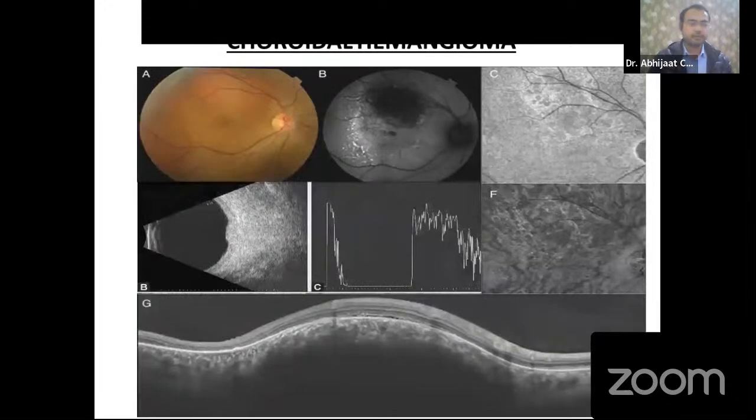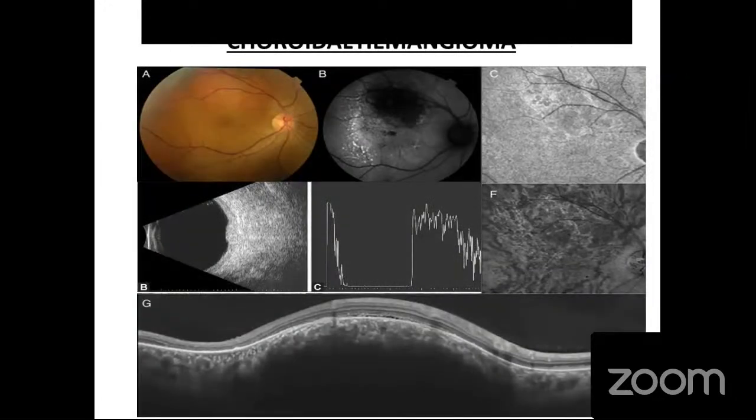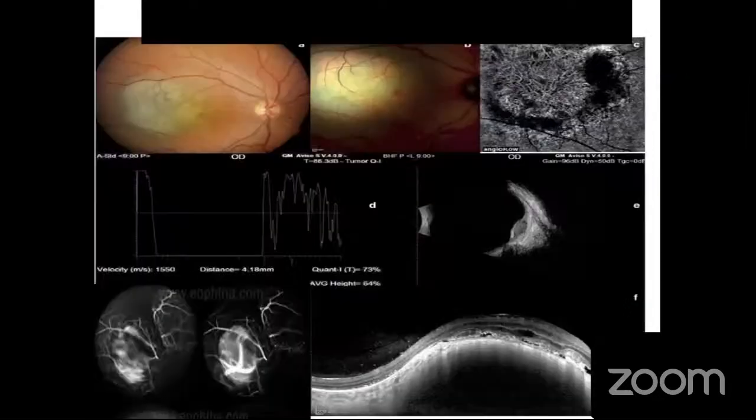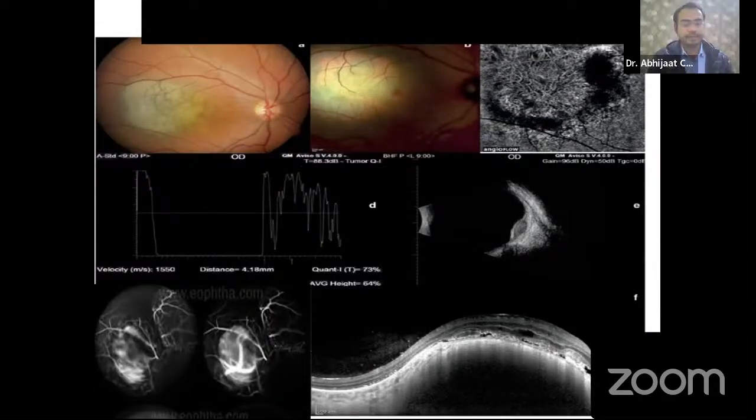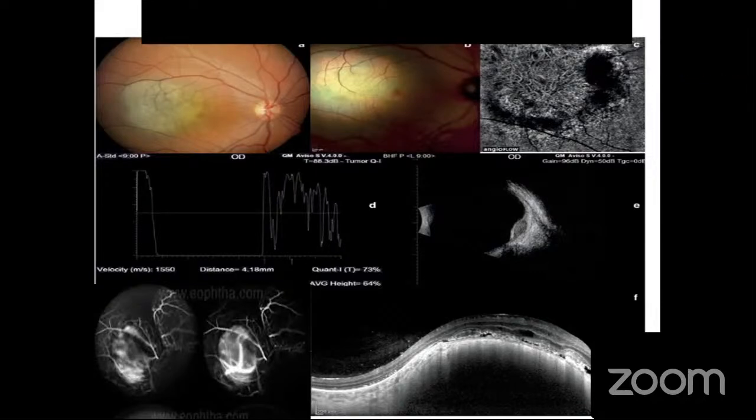On the B scan of the melanoma, would you like to say something about the spikes in the choroid? Yes, sir. The spikes range from low to medium, and they typically have an M-shaped pattern. What is angle kappa?